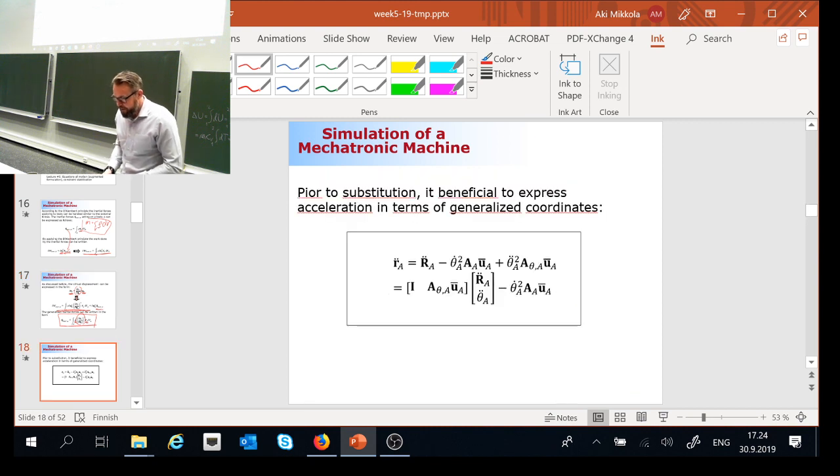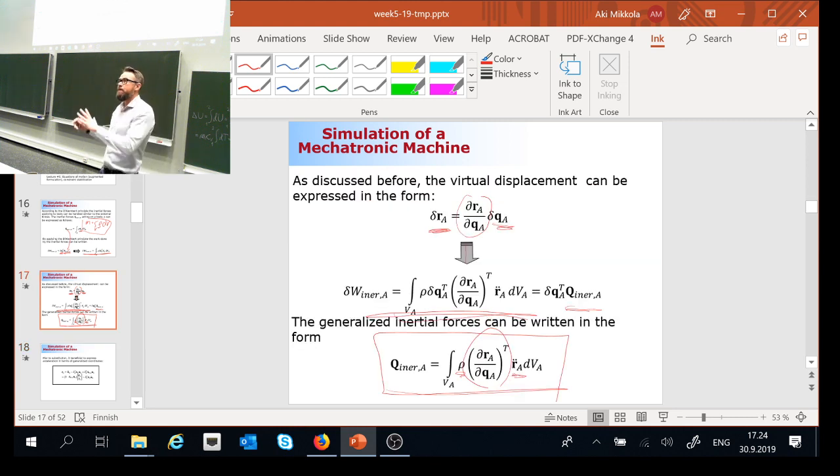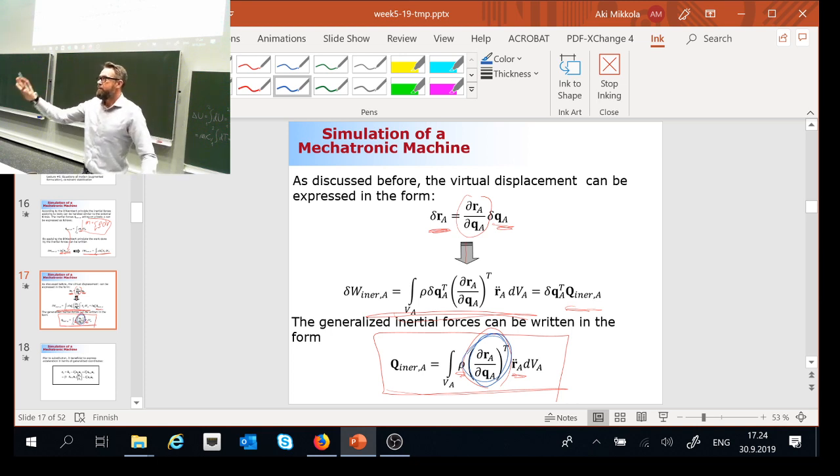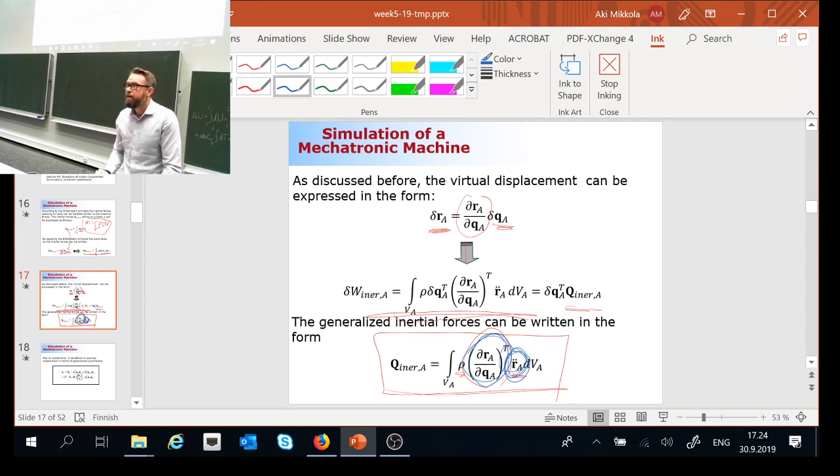Okay. Now, prior to substitution, we have to substitute certain information here. First of all, this mapping matrix that we already got from the case of external applied forces. But also we have to substitute our acceleration into this part of the equation.